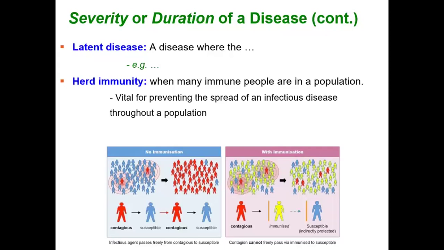With COVID-19, you need about 85% of the population to be vaccinated, or else it will spread. And we're nowhere near 85%. I think the highest we ever got was the first vaccination, and I think maybe about 70% of the US population have that.